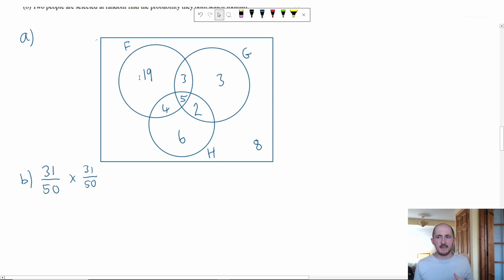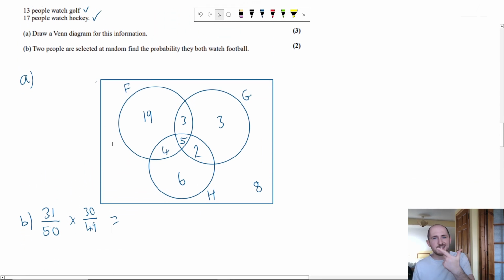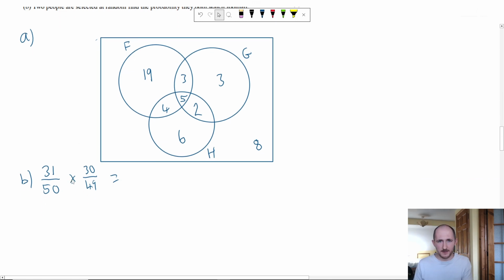Because those automatically get removed. So we actually subtract 1 from the total number of people, so it's now 49, and 1 from the number of people who like to watch football. That's your final answer. The reason why we times is because we're picking one person who likes football and another person who likes football. And when you say and in maths, it means times.